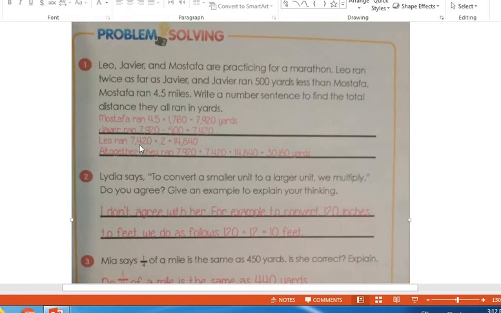So 7,420, this is for Javier, times 2 will give me the yards that Leo ran. Altogether, the three of them ran 7,920 plus 7,420 plus 14,840. So the end answer will be 30,180 yards.